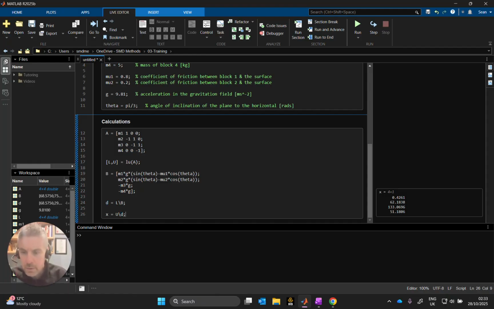Okay, so we'll go back here. I'm just going to drop in a couple of comments. This one here is my coefficient matrix.